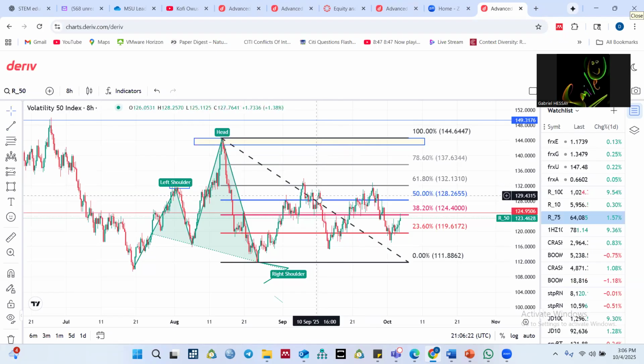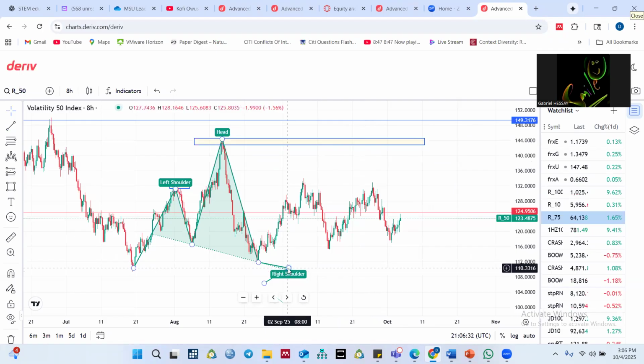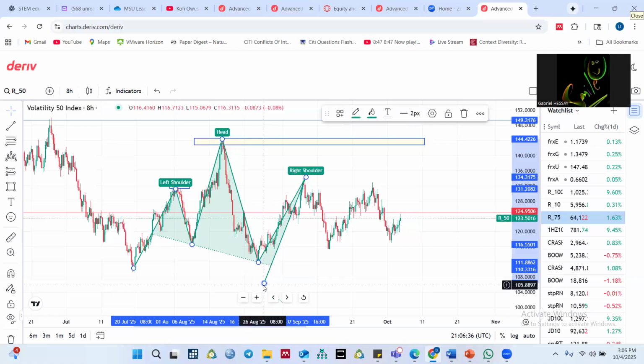So I think we are good with the retracement that it has given, though it gave that twice. We see we got the right shoulder somewhere here.